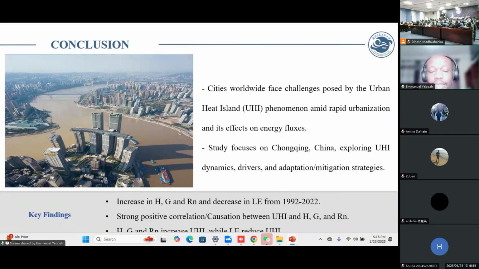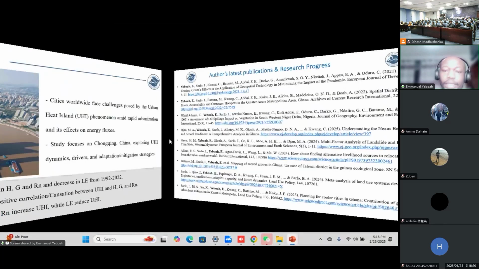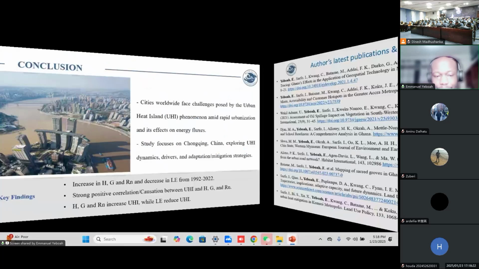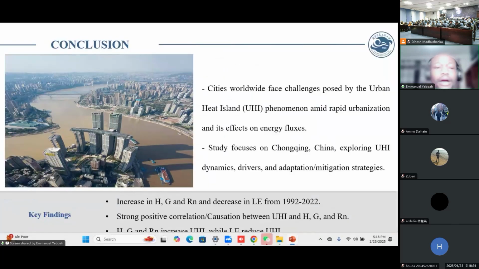For the key findings, it is evident that increases in ground heat, sensible heat, and net radiation tend to decrease latent heat over the past 3 decades, or 30 years. That is because of artificial expansion, or land use, land cover change.